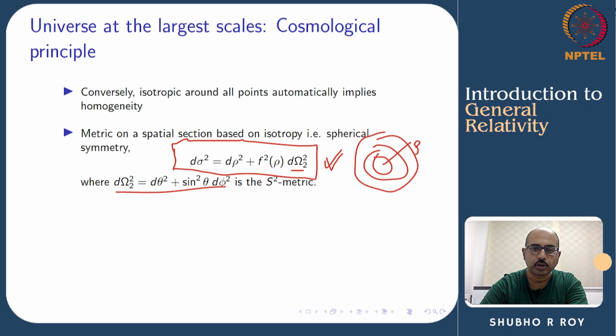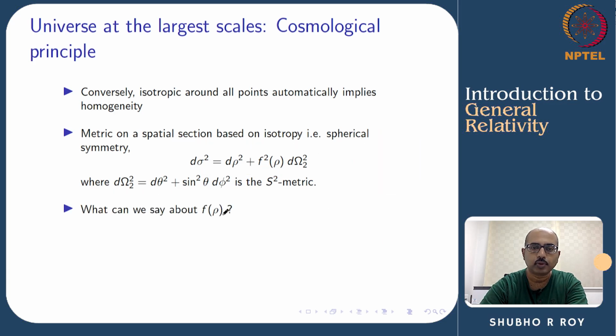And then we can wonder what this unknown function f of rho is, right? So what can we say about f of rho? We haven't used the spatial homogeneity property of the universe, so it must be constrained or determined by homogeneity.